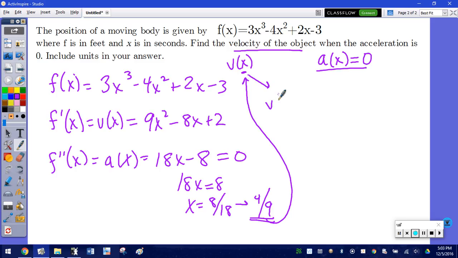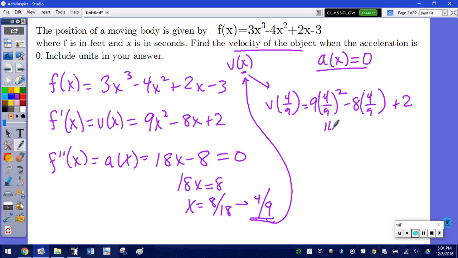So the velocity at 4/9 is going to be kind of a beast to evaluate, but I won't do it by hand, but here's what it would be. 9 times (4/9) squared minus 8 times 4/9 plus 2. It shouldn't be too bad.